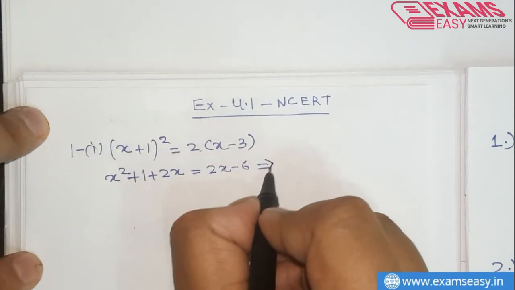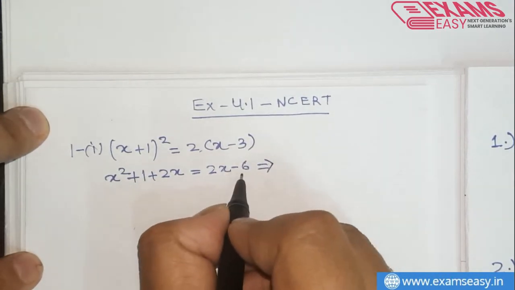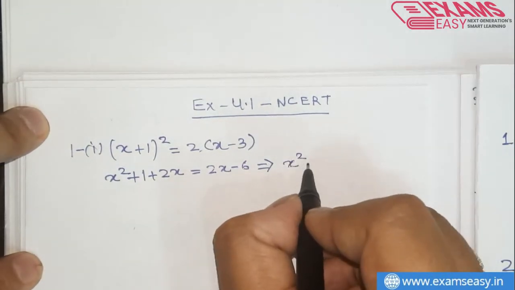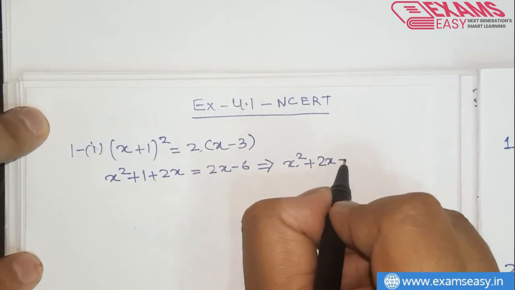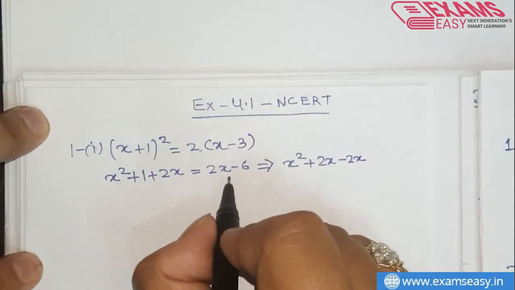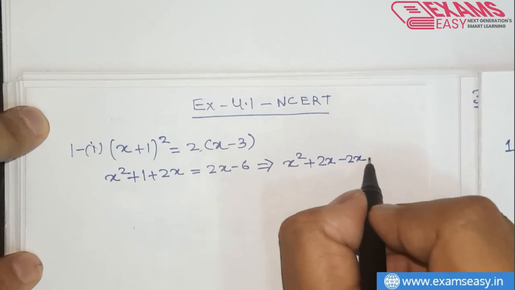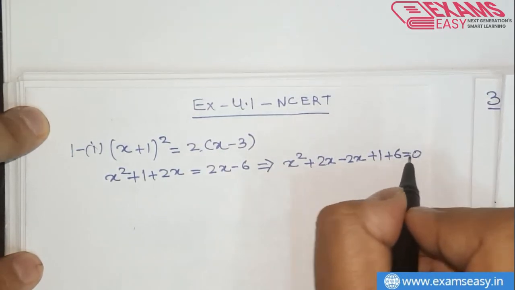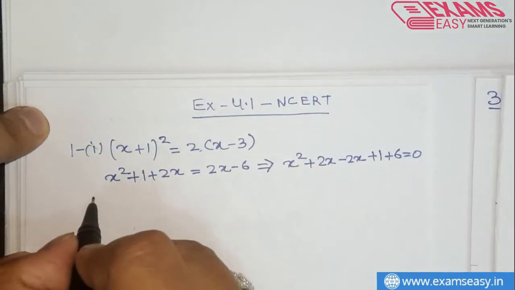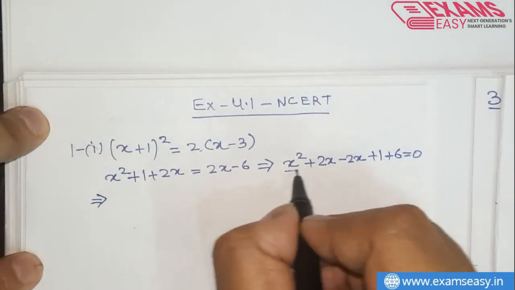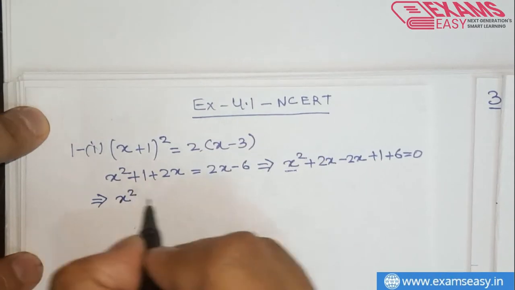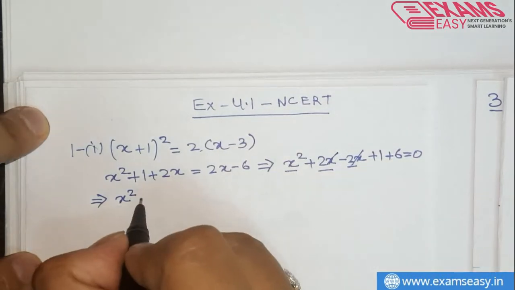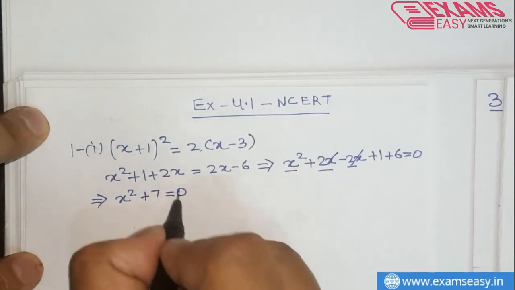So if we put 2x and minus 6 in the left hand side, we are getting x square plus 2x minus 2x, which has been brought from the right hand side, and then we have plus 1 and plus 6 is equal to 0. So let us solve this. x square will be as it is, and 2x and 2x will get cancelled, and 1 plus 6 is nothing but 7 is equal to 0.